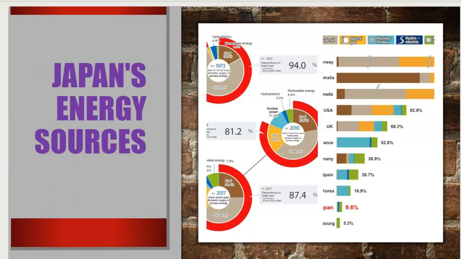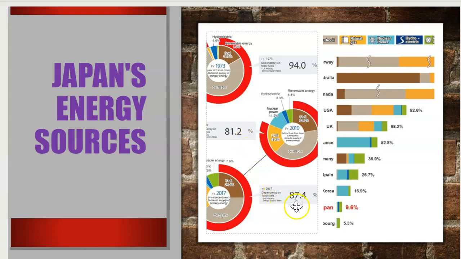Another thought on scarcity is energy. So this graphic here is looking at Japan's energy sources. In 1973, they were 94% dependent on fossil fuels. Okay, in 2010, they were 81% dependent on fossil fuels.